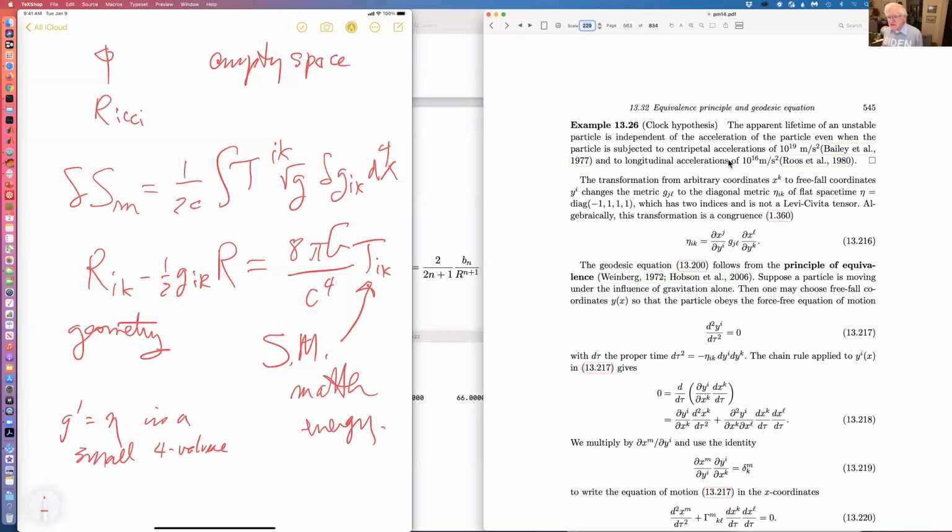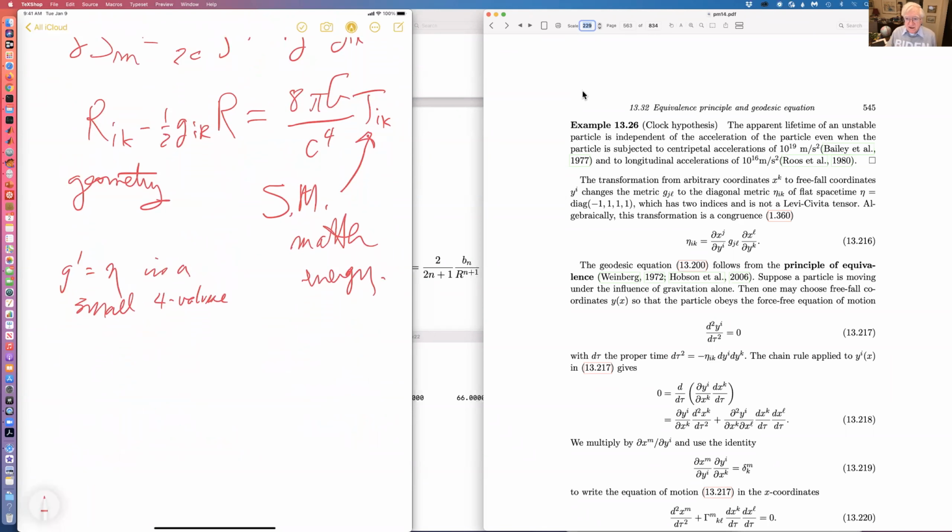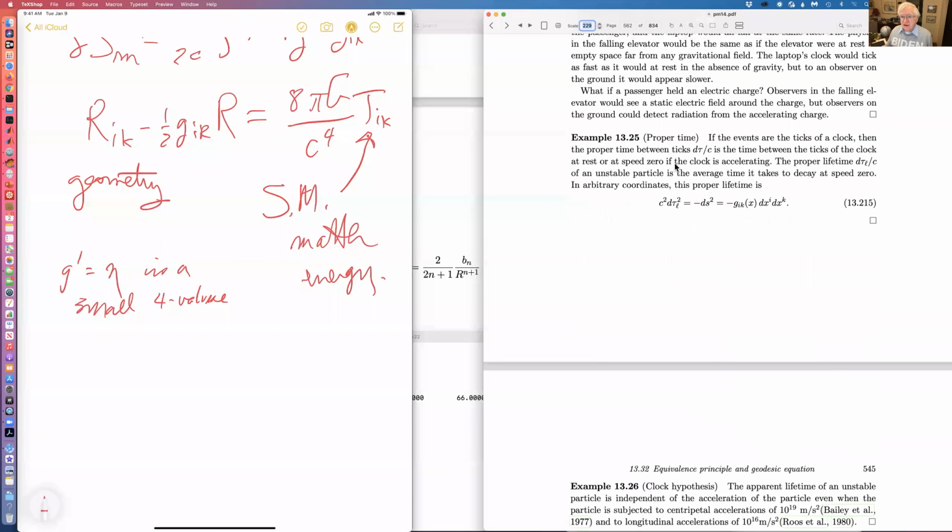In fact, it's been tested by putting unstable particles in cyclotrons or other circular accelerators, and one finds that they decay at a rate that is given by this equation.